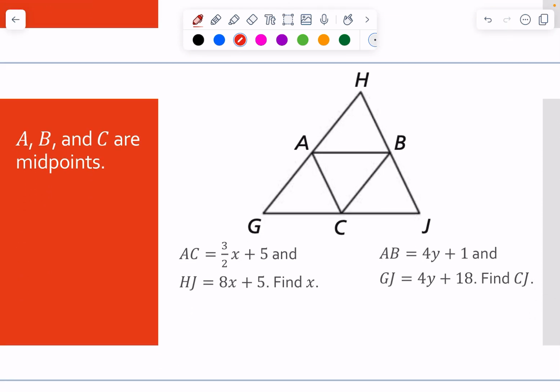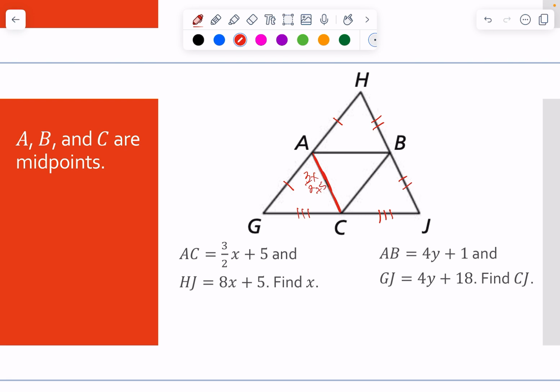Well, if I look here, I know AC is a midsegment. They tell me that A is a midpoint, B is a midpoint, and C is a midpoint. And they tell me that AC is 3/2 x plus 5.